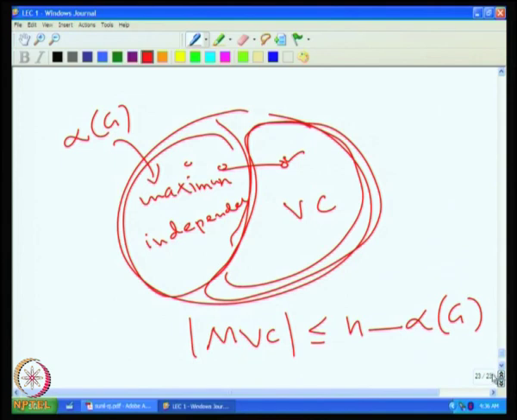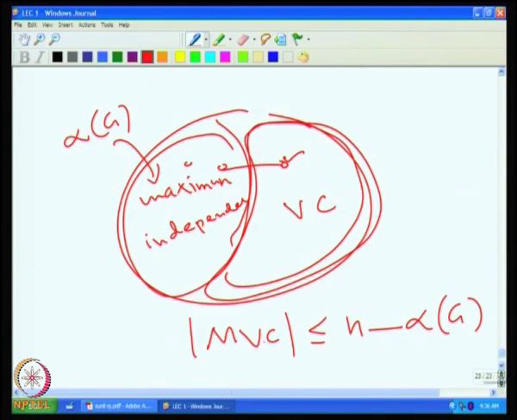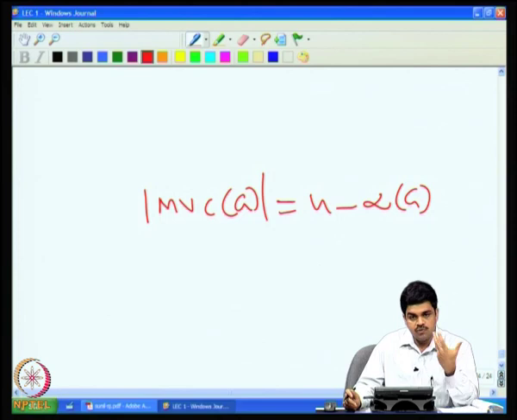From the earlier slide, this can be rearranged to say the cardinality of MVC is greater than or equal to n minus alpha of G. On the other side, we see that it is less than or equal to n minus alpha of G. So together, cardinality of MVC of G is equal to n minus alpha of G. In other words, if you remove a minimum vertex cover, what remains is a maximum independent set.